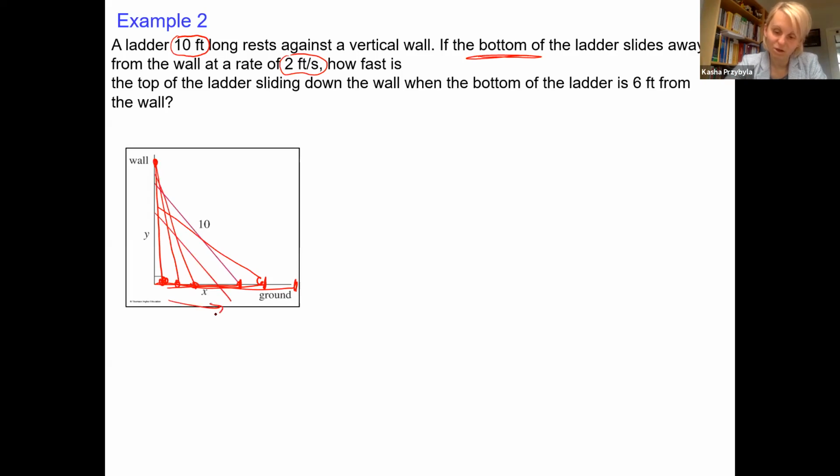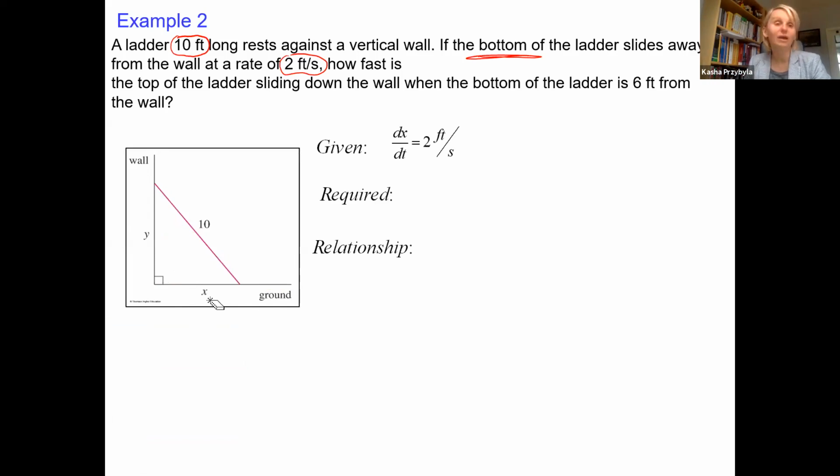That dot is moving, so the distance from the wall is changing, which will be X prime. Using the Leibniz notation, dx dt, okay? That means dx dt is changing 2 feet per second. Probably quite fast.